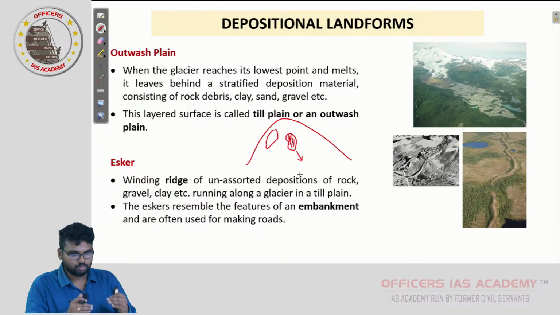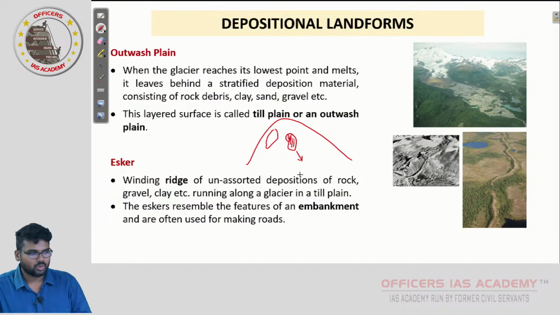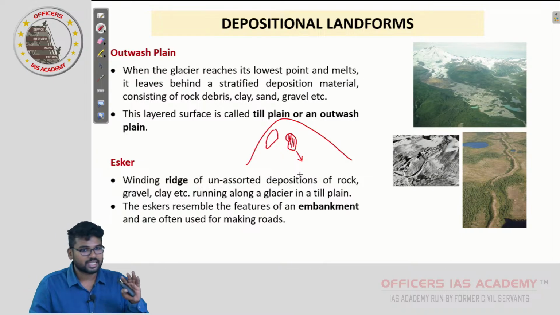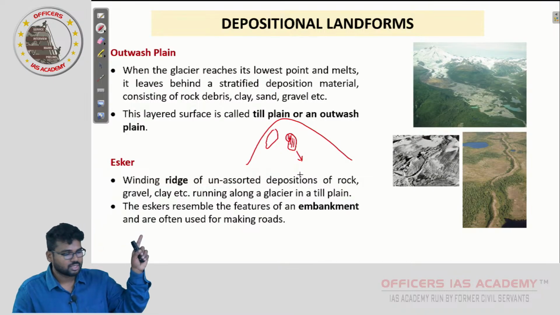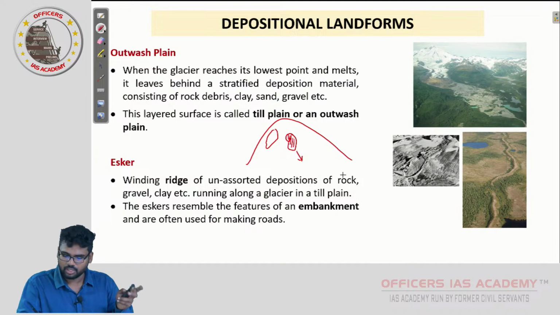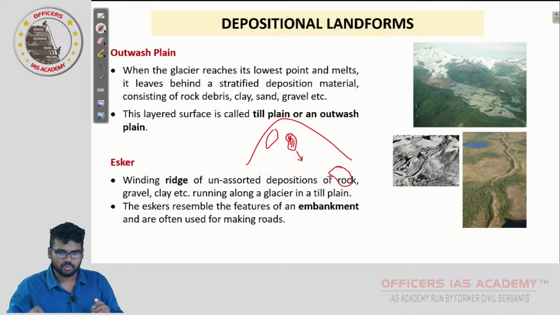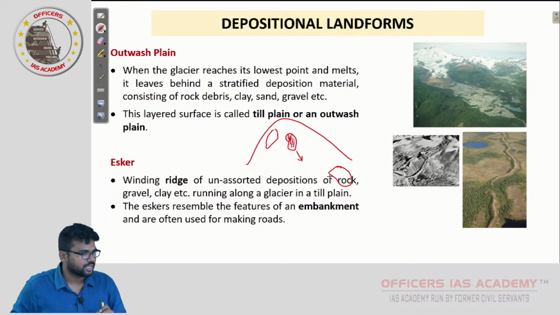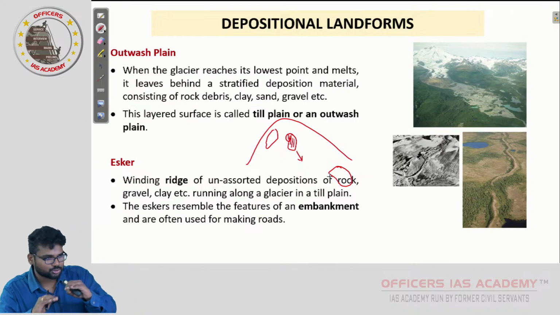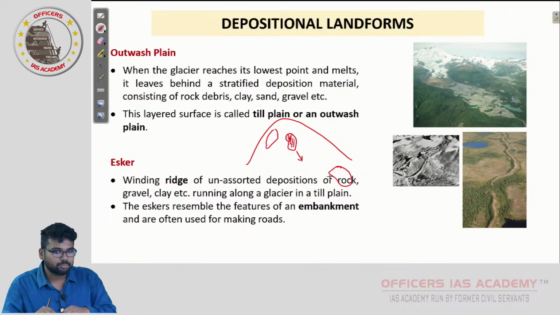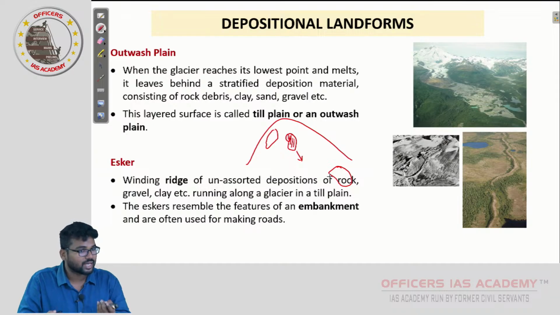And as the slope is reducing, what happens? The velocity of the ice block is going to reduce, similar to the river we have seen. So the moment it comes to the foot of the mountains, the velocity reduces, erosional activity will reduce, and depositional activity will increase. Why?